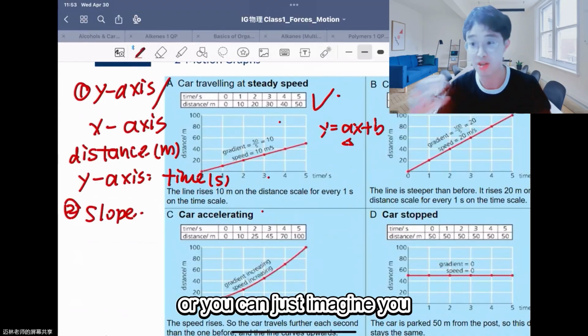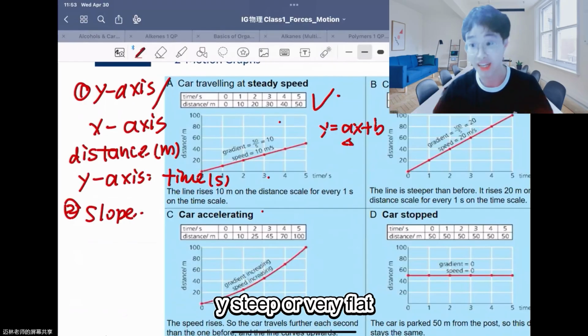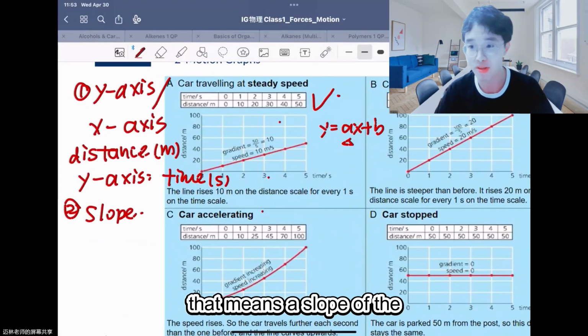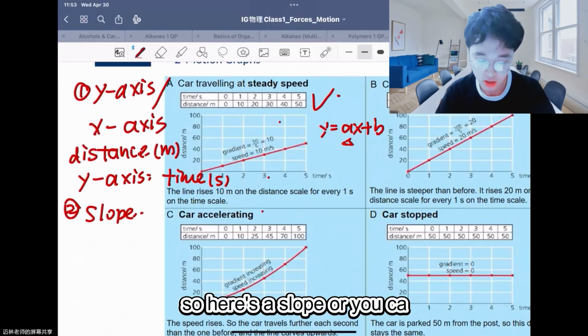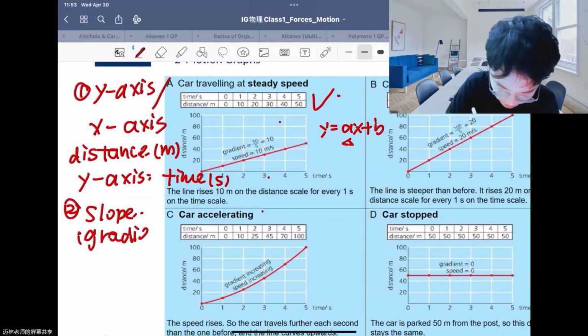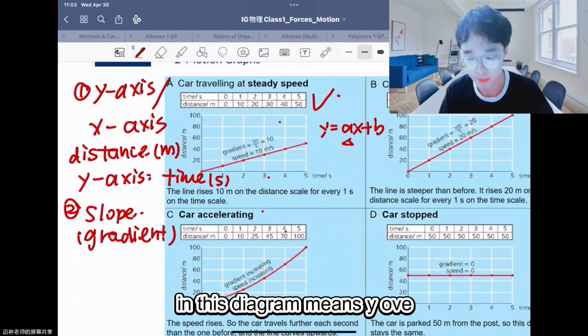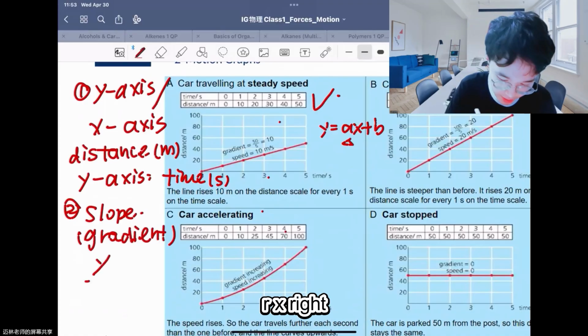Or you can imagine you are on a mountain, and whether the mountain is very steep or very flat means the slope of the mountain. So slope, or gradient, in this diagram means y over x, right?